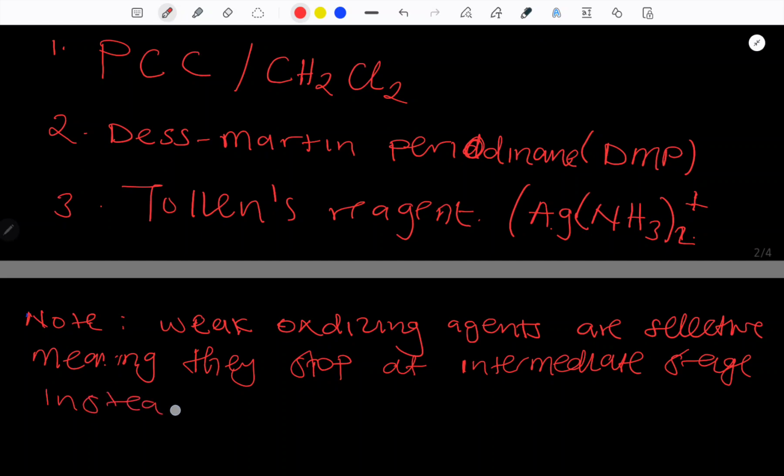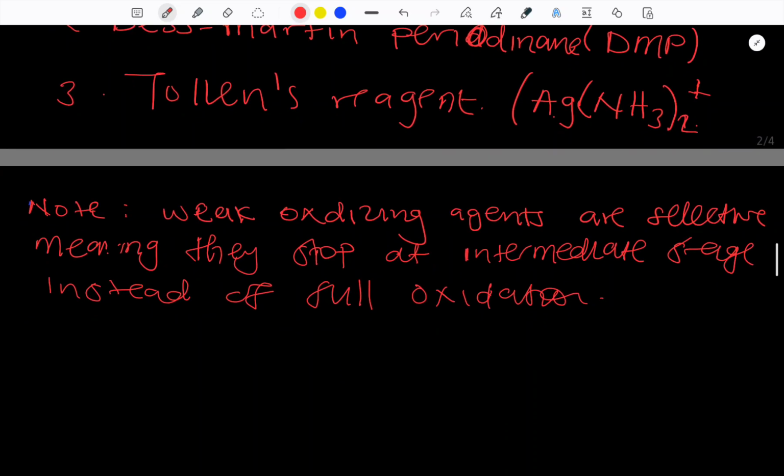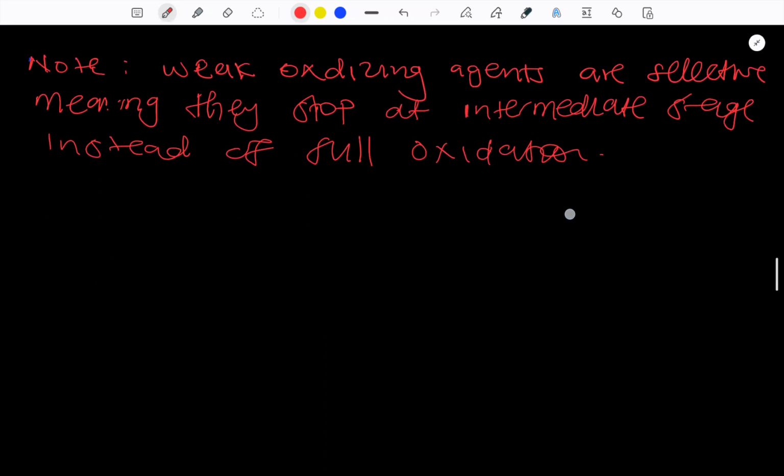Let us take note of that one. So you need to know that weak oxidizing agents just stop at the intermediate stage. We can now dive into examples.